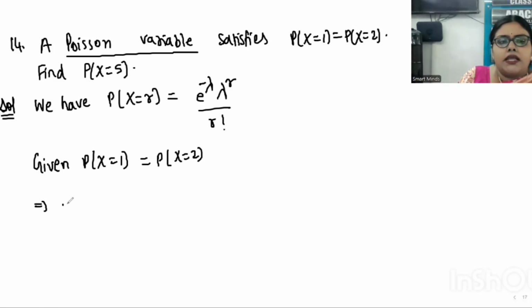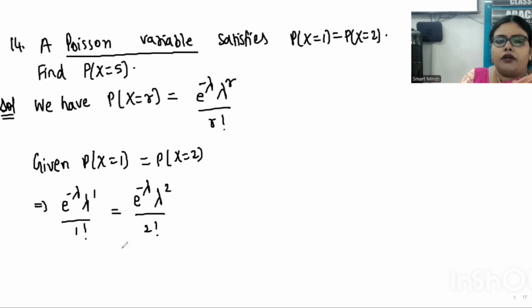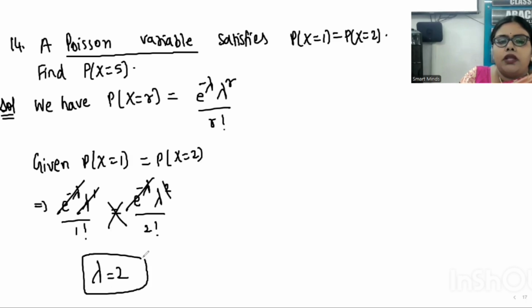So, that is e power minus lambda into lambda power 1 by 1 factorial is equal to e power minus lambda into lambda power 2 by 2 factorial. Now cancel e power minus lambda, 1 lambda get cancelled. If you cross multiply, you will get lambda is equal to 2. We got lambda is equal to 2 value.